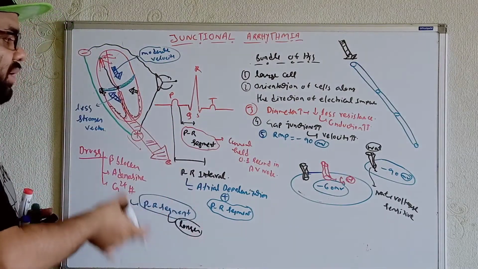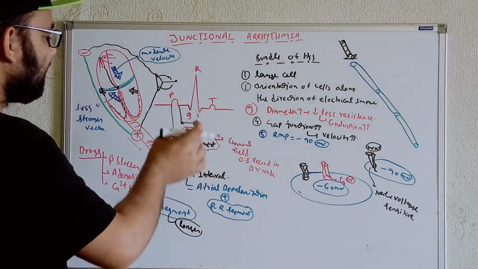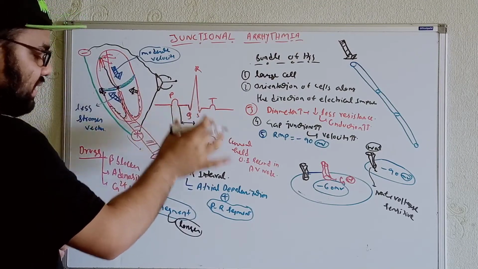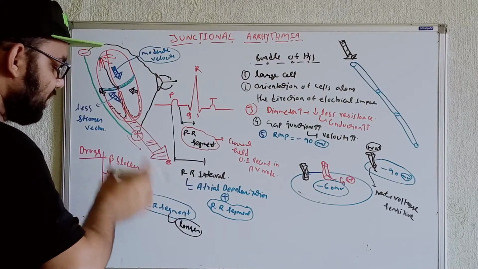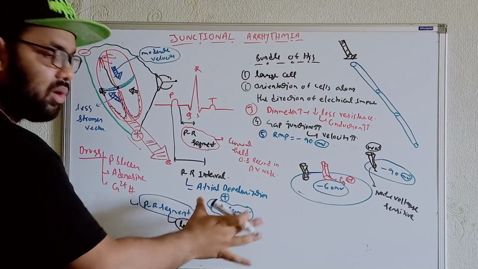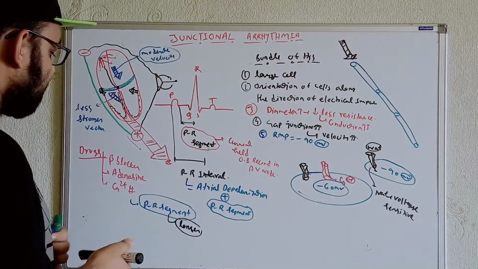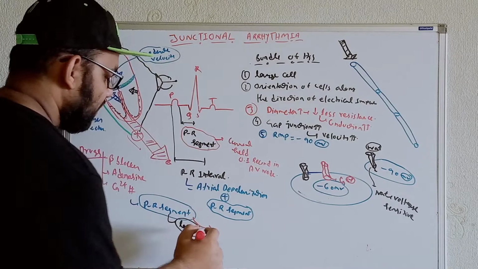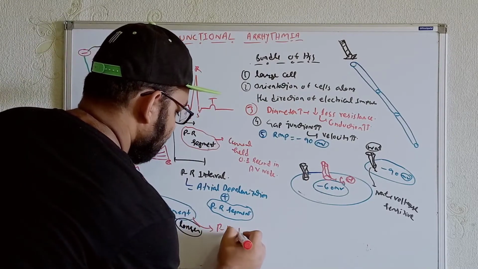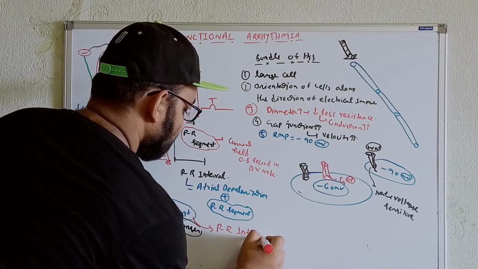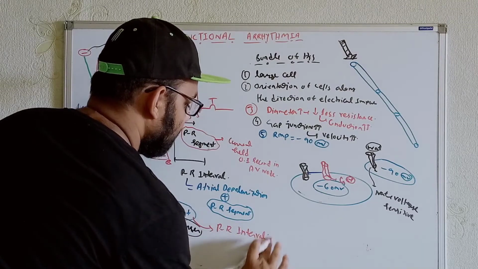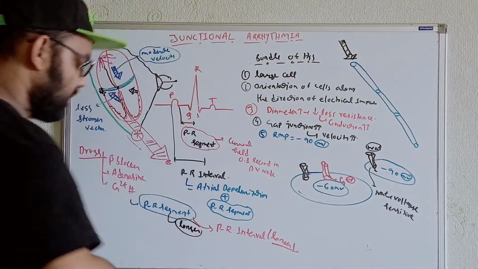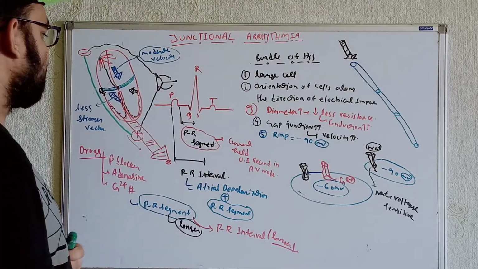Whenever we make the AV node slower, definitely the PR segment, where the AV node is actually found, will be longer. Whenever the PR segment is longer, it is quite logical that the PR interval will also be longer. For whatever reasons we make the AV node slower, this is what we will get.